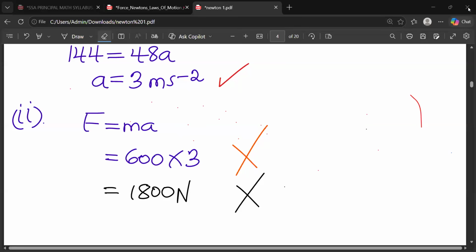Someone is just saying, Eska, what do you mean by Eska? There are no units in the working. Who said the working must have units? I've never said that. You people don't disappoint me. There is something.